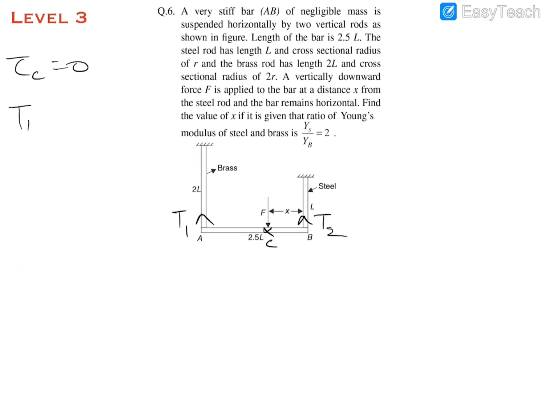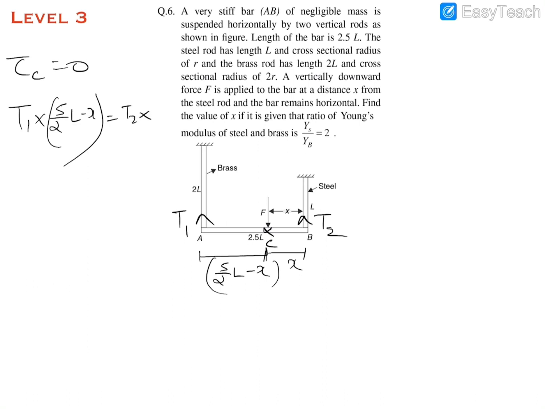Therefore T1 into 5 by 2 L minus x is equal to T2 into x. Let us find the ratio T1 upon T2, which is equal to x upon 5 by 2 L minus x. We also know that T1 plus T2 is equal to the total force F, neglecting the mass because it is not mentioned in the question.